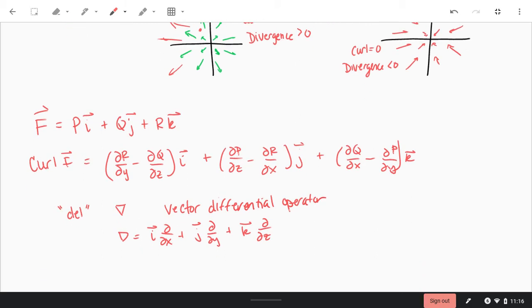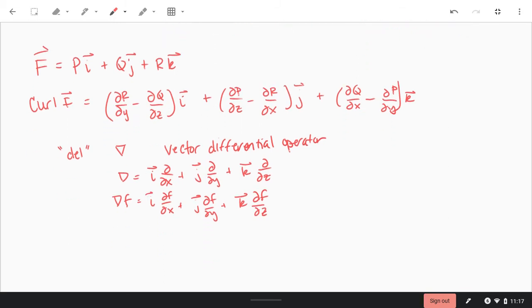And then remember, we've seen this before when we've done gradients. The gradient of f, we would apply that del operator to get your gradient, right? We've seen that. Well, curl is del cross f.